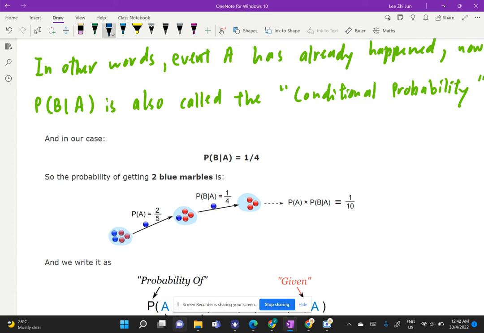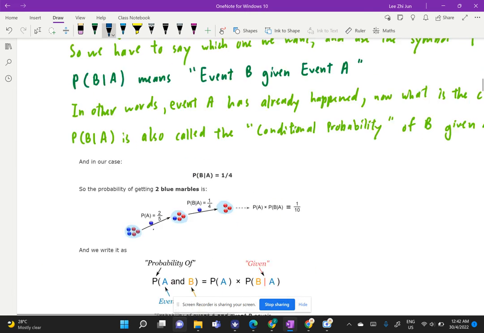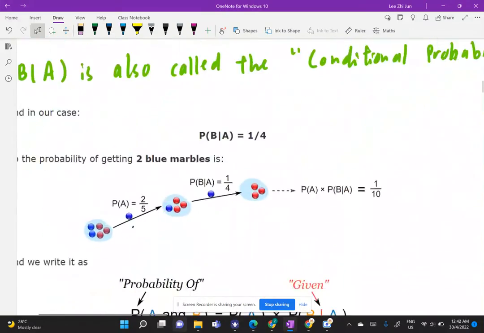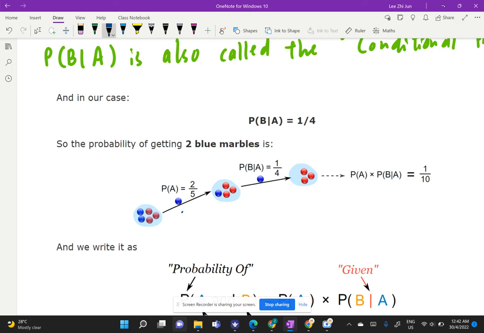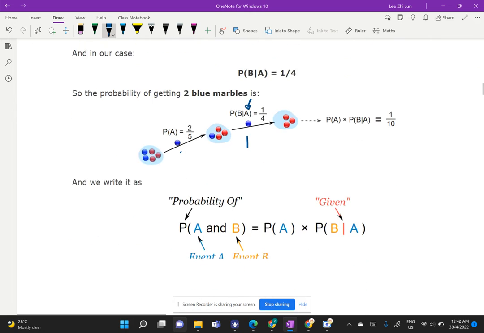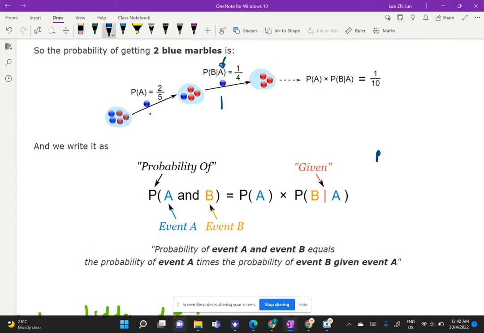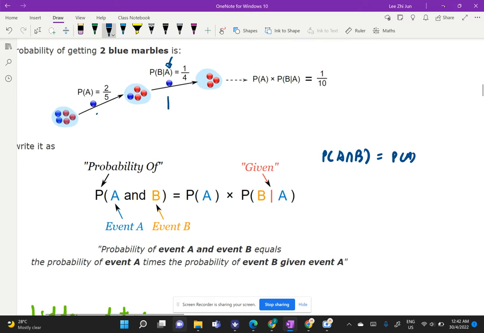Event A is the first blue marble, and event B is getting the second blue marble, given that the first marble is blue. You need to write this notation: P(A and B) equals P(A) times P(B|A).